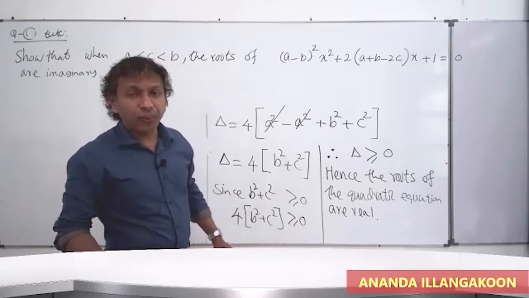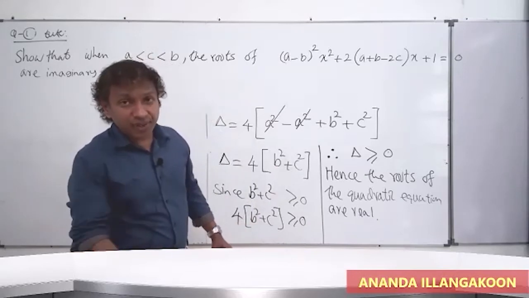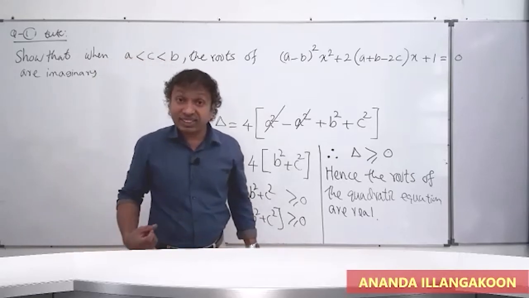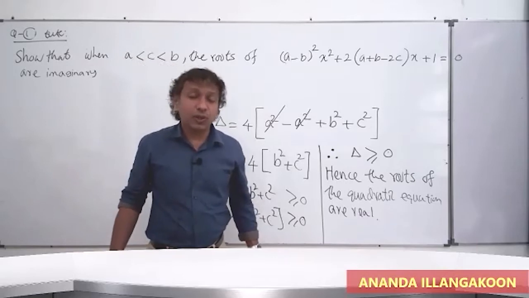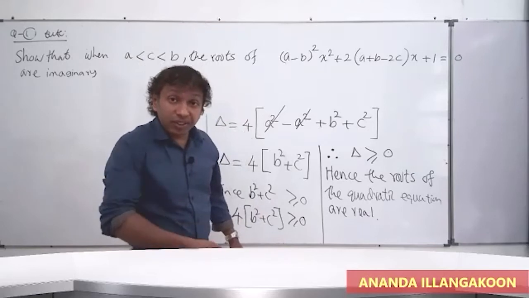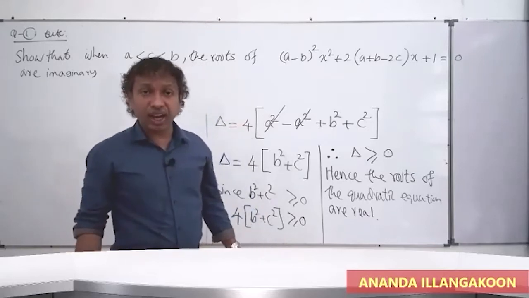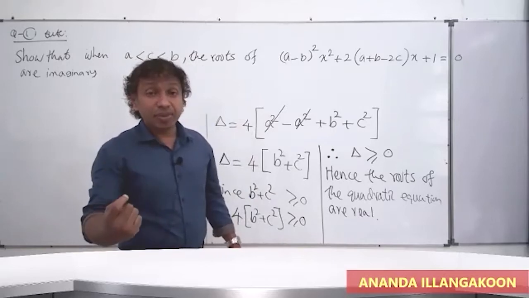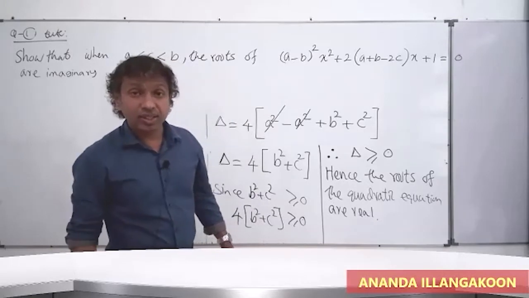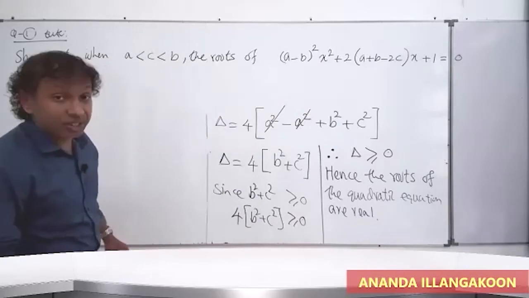So we have to find the sign of the discriminant of this equation. You know the first step: we match the given quadratic equation with the standard quadratic equation and determine a, b and c, involved in the discriminant delta given by b squared minus 4ac.